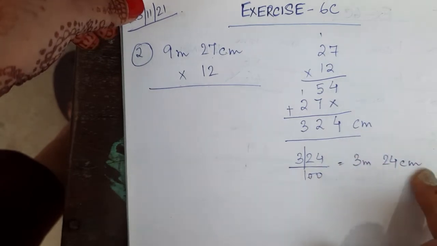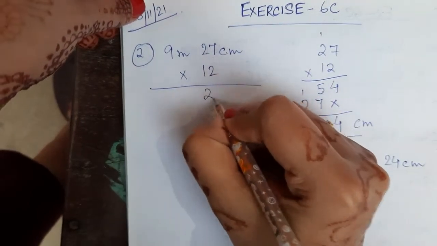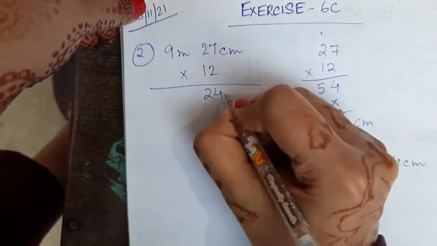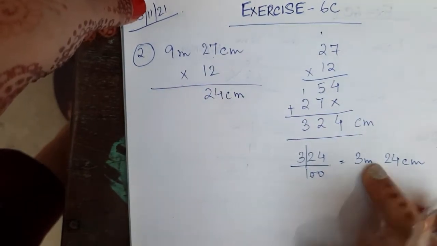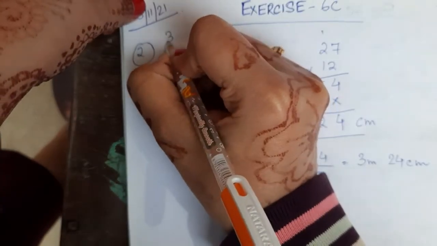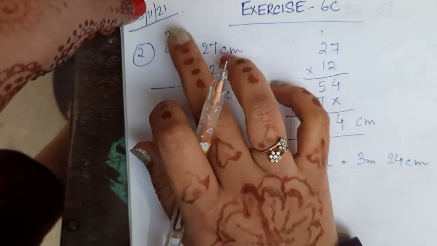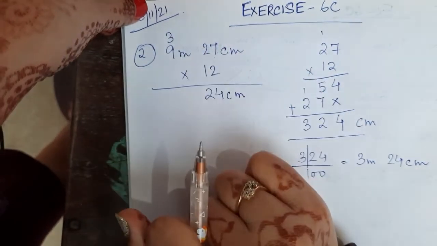Now use this answer and put it here. 24 centimeter, I am going to write it here because centimeter will sit below centimeter only. What about this 3? This 3 I am going to carry forward because 3 meter, so naturally 3 will sit above 9, because 3 meter, 9 meter.